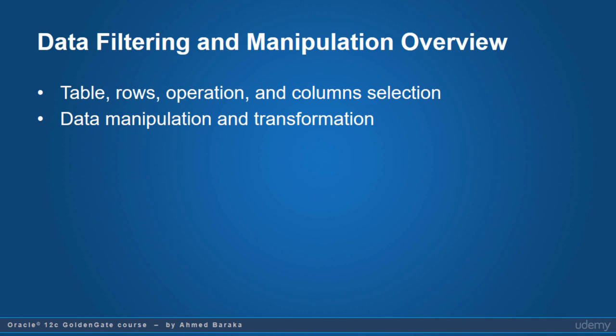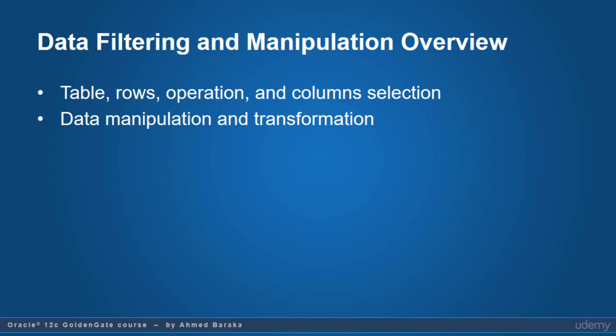In Oracle GoldenGate, you can select which tables you want to replicate, which rows you want to replicate, which operations you want to replicate, and even which columns you want to replicate. You can also perform data manipulation and transformation at either the source side or the target side.